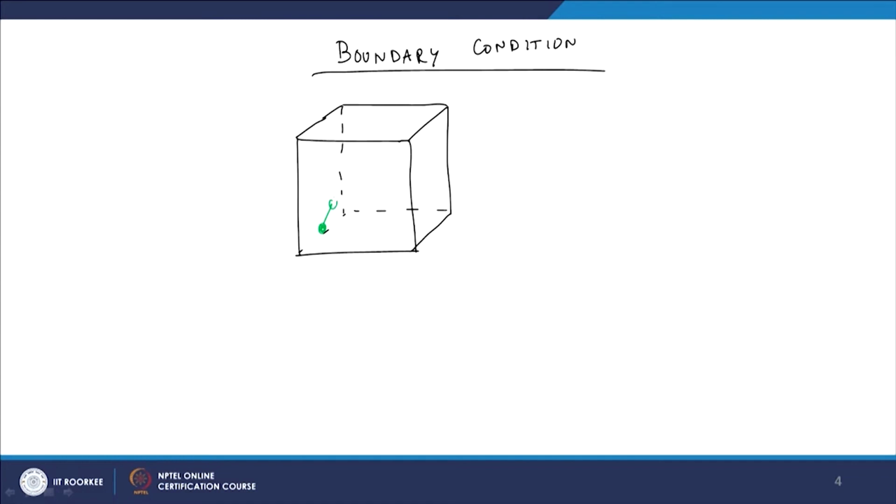So, let us say that the sides of the box are closed like a carton, and we have a polymer chain that is present in the box.